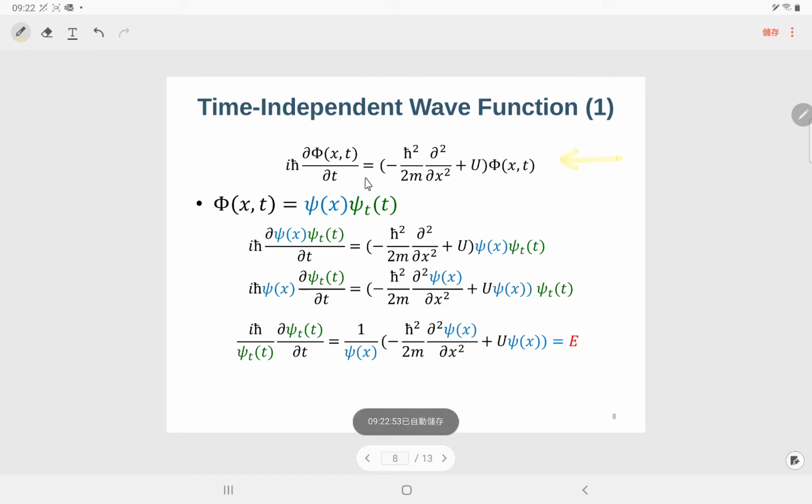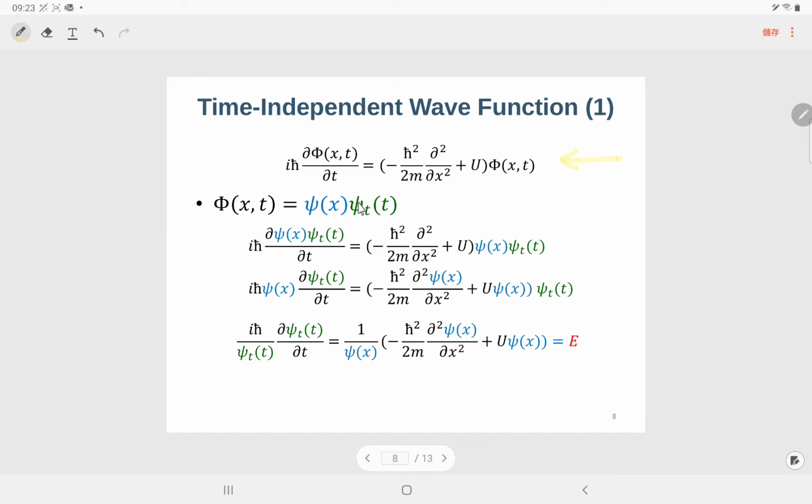Actually, this one is not the time-independent wave function yet. But if we try to derive the time-independent Schrodinger equation, which you have seen on the lecture slides or the textbook, you need to make this assumption, because you assume this does not change with respect to time. It is a stationary state. This part does not depend on time. This part does not depend on the space.